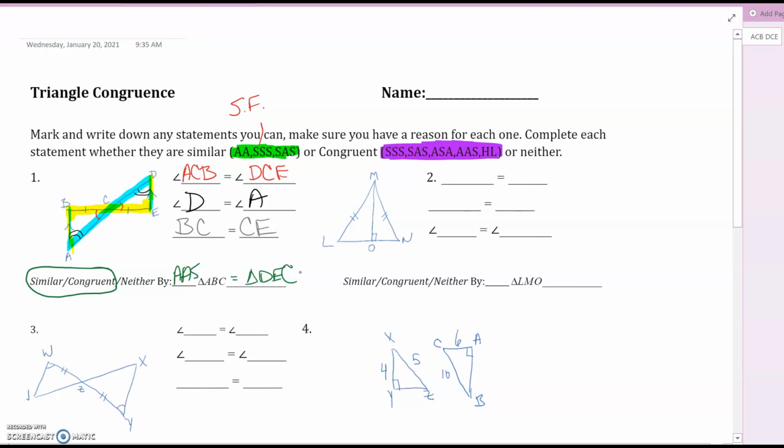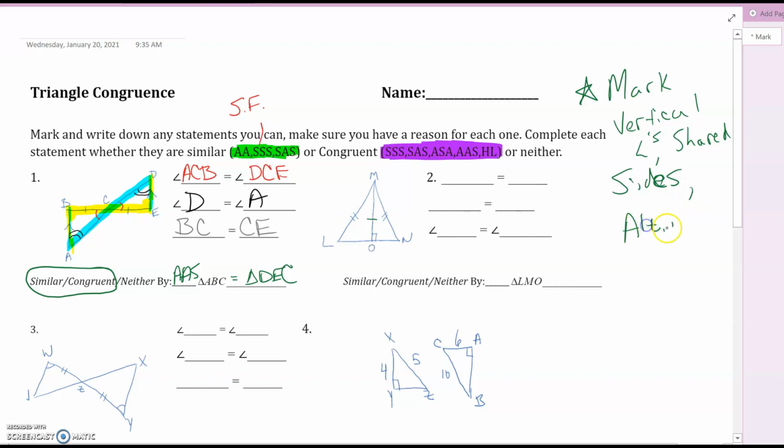All right, and for number 2 here, the first thing I'm going to mark, I see a shared side. So no matter what, mark vertical angles, shared sides, and alternate interior angles.